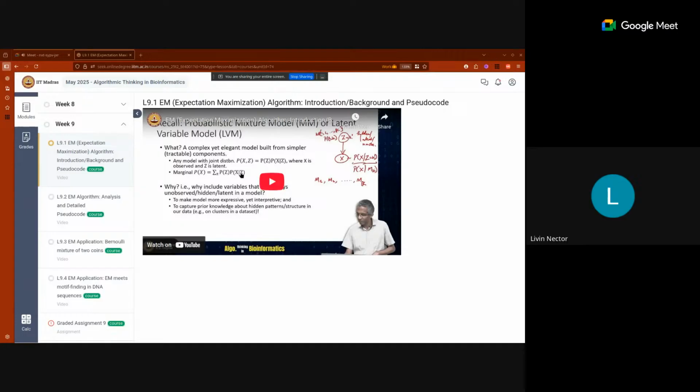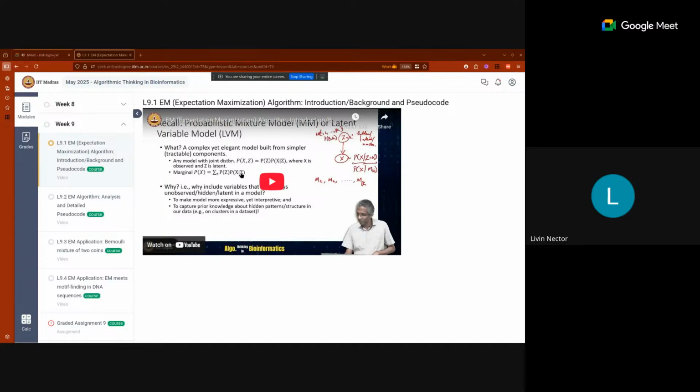Right. So the EM algorithm is a more general case of the K-means algorithm. K-means is particularly for a certain structure that we use, and we saw different variants of K-means. The EM algorithm is a more generalized version of what we saw.